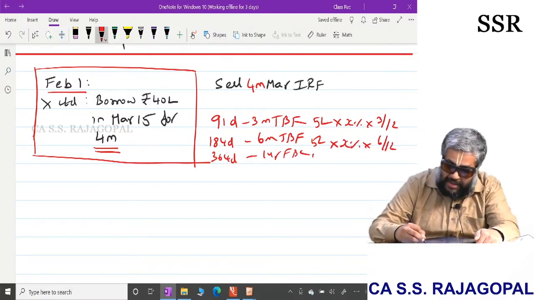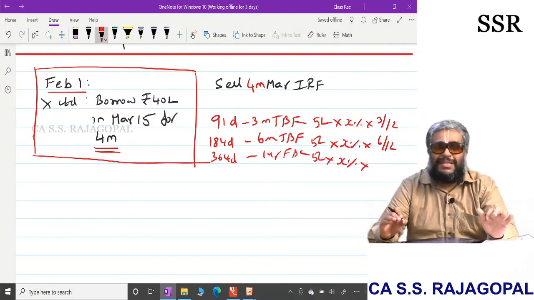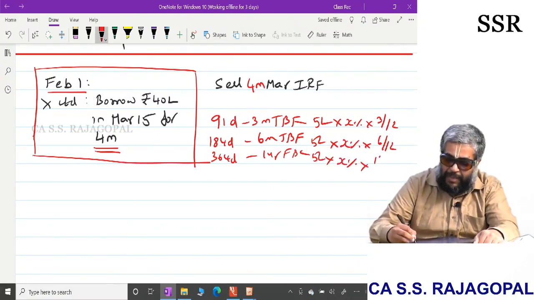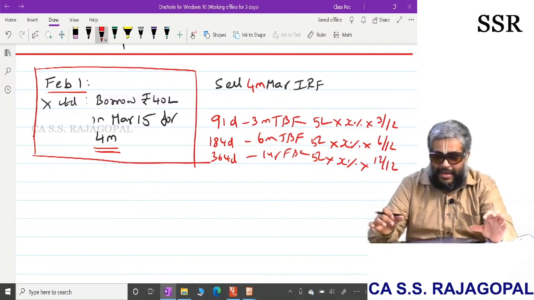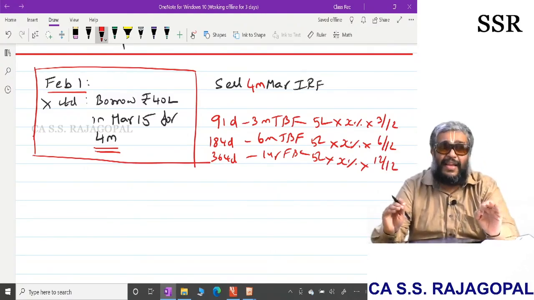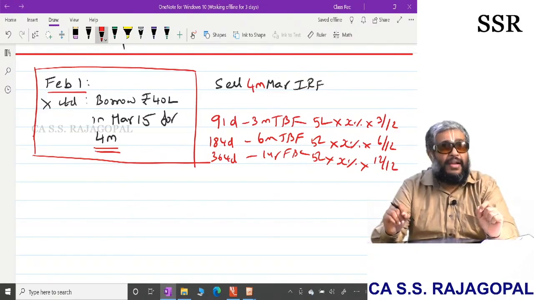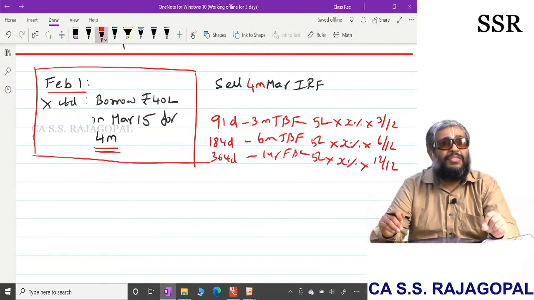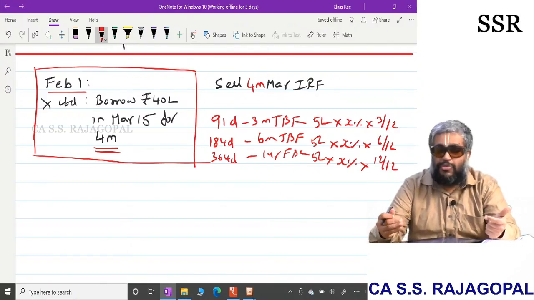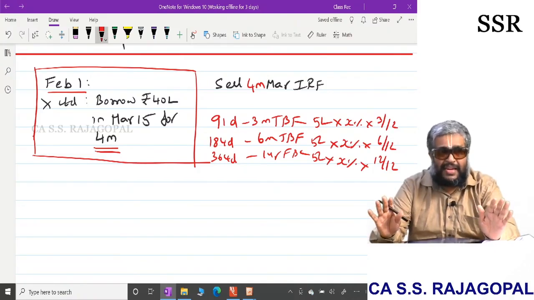In case of 1 year, they apply X% gain or loss on a 12 by 12 basis. So, the change in interest rate will give you a futures profit or loss. That profit or loss will be applied on the notional principal into 3 by 12 for a 3 months interest rate futures, into 6 by 12 for a 6 months interest rate futures, and so on. Everybody understanding what I am discussing?